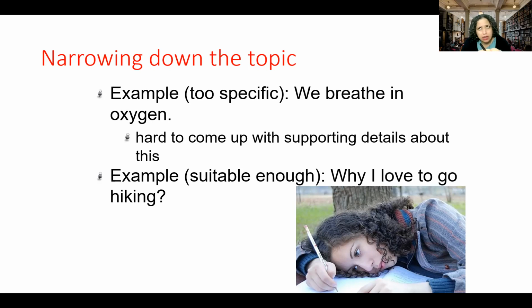So that's also not a good example, when it is too broad or when it is too narrow or too specific. Something more suitable, if we're considering life or oxygen, is to choose a different topic, like why I love to go hiking.